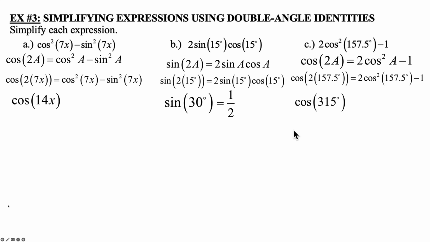Oh, let's see. That's quadrant 4 with a 45-degree reference angle. That's sine. That's going to be square root of 2 over 2, but sine's negative in quadrant 4. Oh, check that. We're looking for cosine, not sine. My apologies. Cosine of 315, that's a positive. Where did I see sine? Must have been thinking of the previous problem. My apologies.